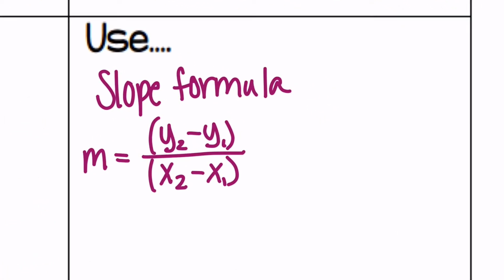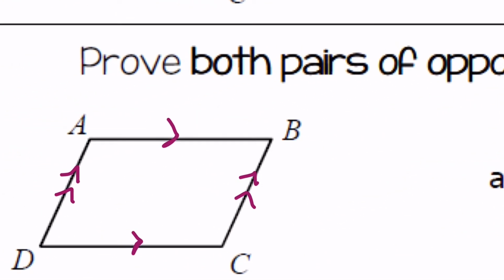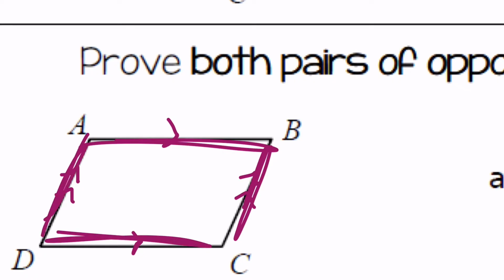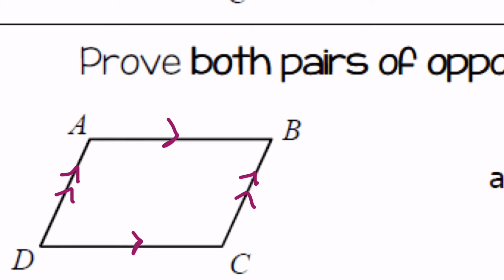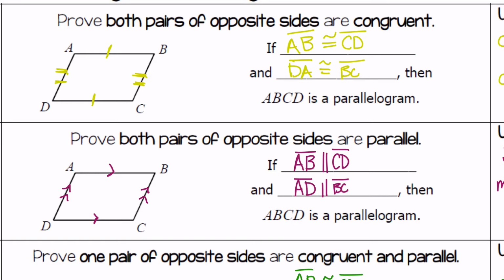The formula for the slope of a line is m equals y2 minus y1 over x2 minus x1. The slope between 2 points on a line can be found using this formula, and you use it to find the slope of each of these sides. If AB and CD are parallel, and BC and AD are parallel, then this shape would be a parallelogram.